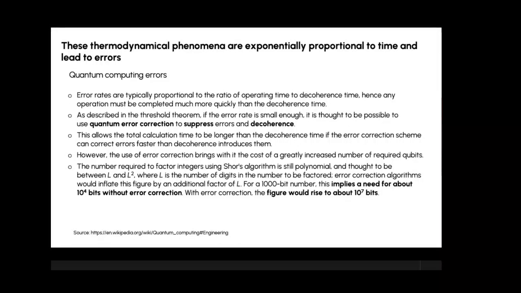So the Shor algorithm is an algorithm that is... if I have L digits in the number to be factored, then I need to have... Sorry, I need to understand this once more.